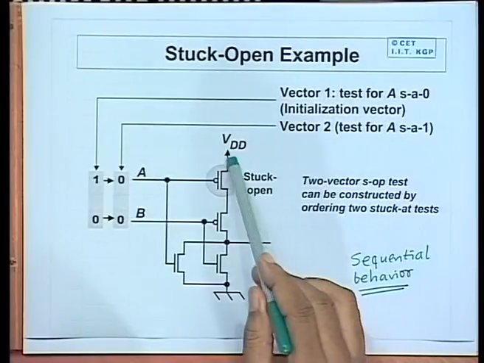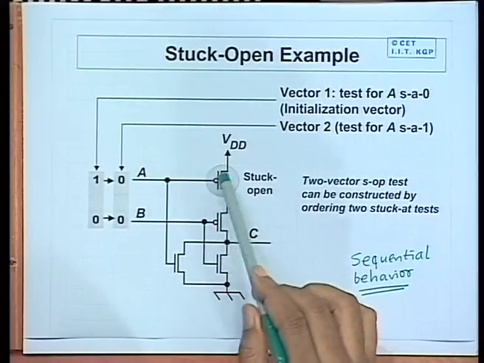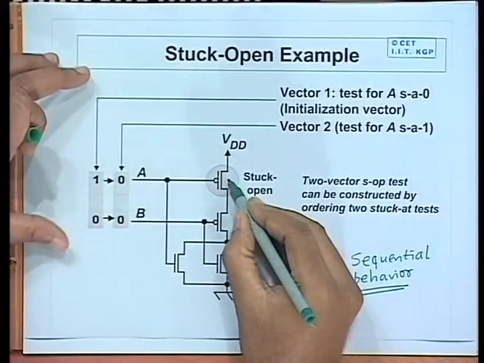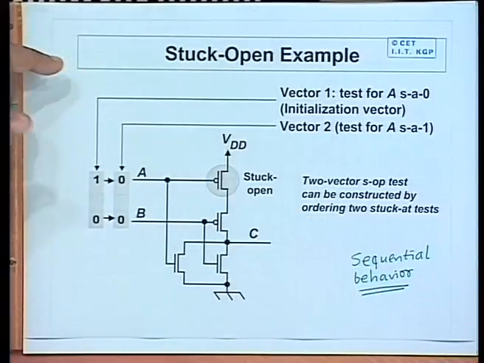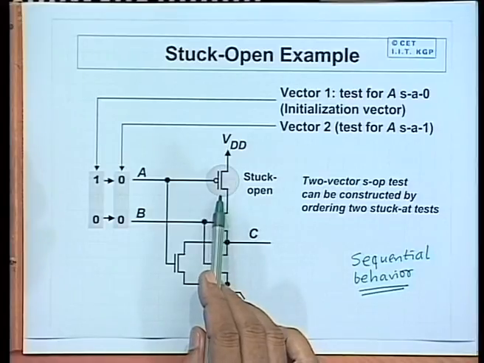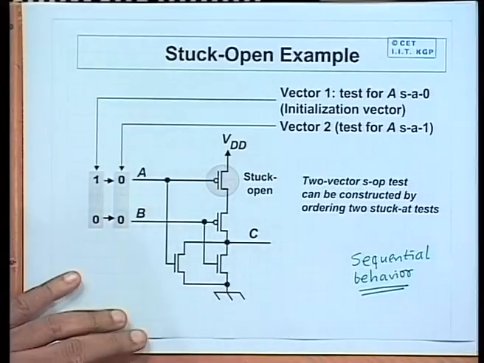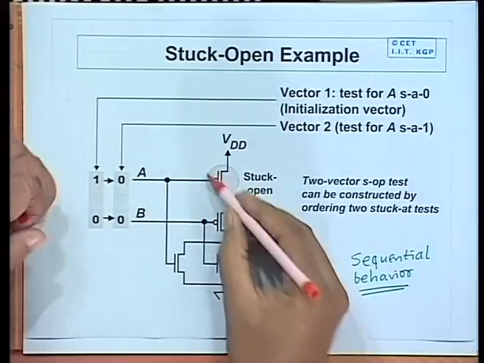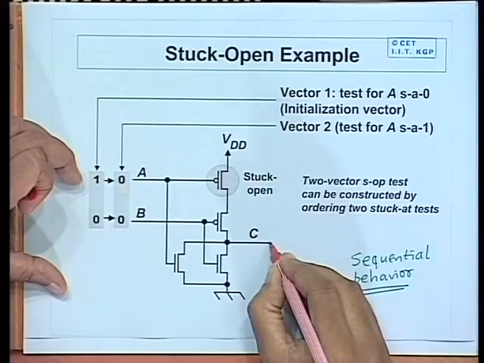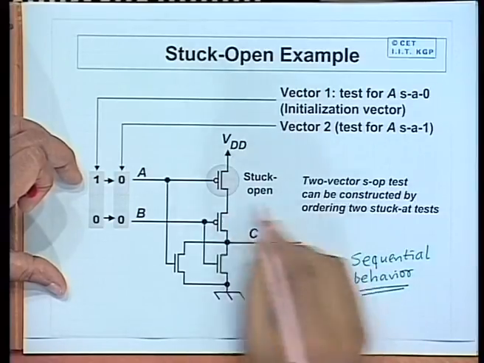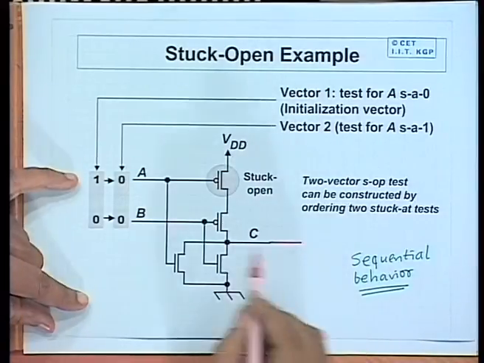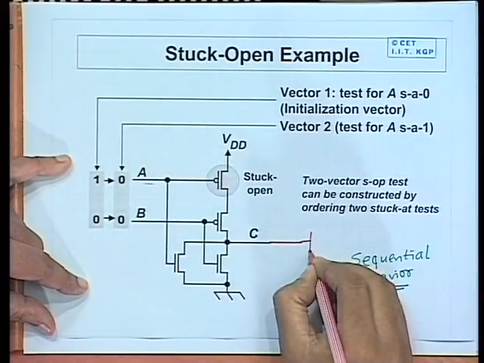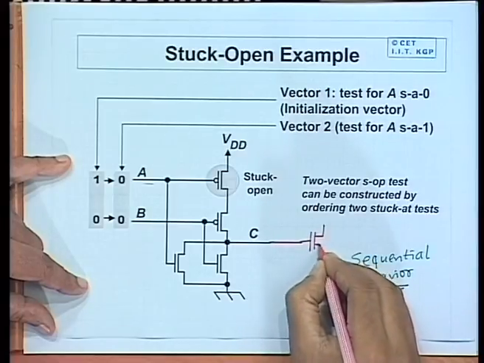This is the circuit diagram of a 2 input NOR gate. We assume that this pull up transistor is stuck open, this is always off. Here we observe one thing, this is an isolated gate. Now, this gate may be driving some other gate in the next stage. Some other gate means what? It will be driving the gates of some other transistors.